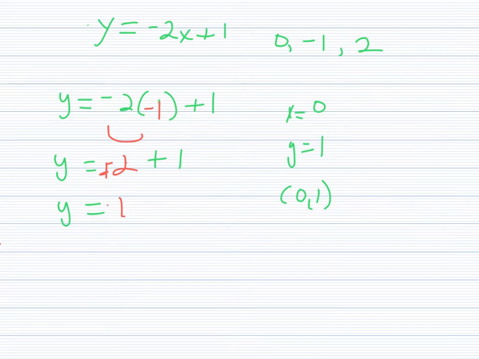And that would equal 3 there, not 1. And then our coordinate here would be negative 1 and 3. Sorry about that if I confused you. I had a phone call there in the middle of this.